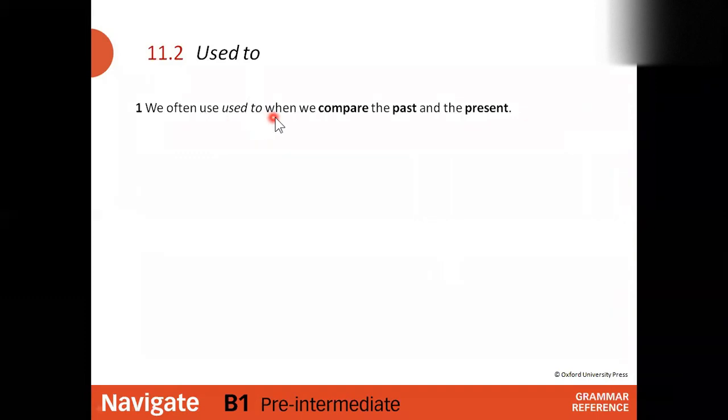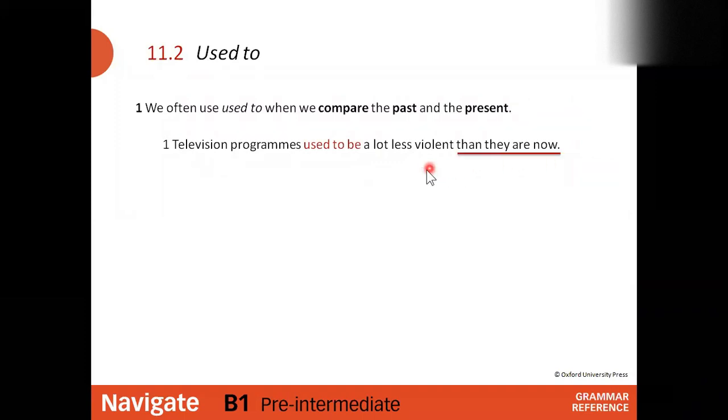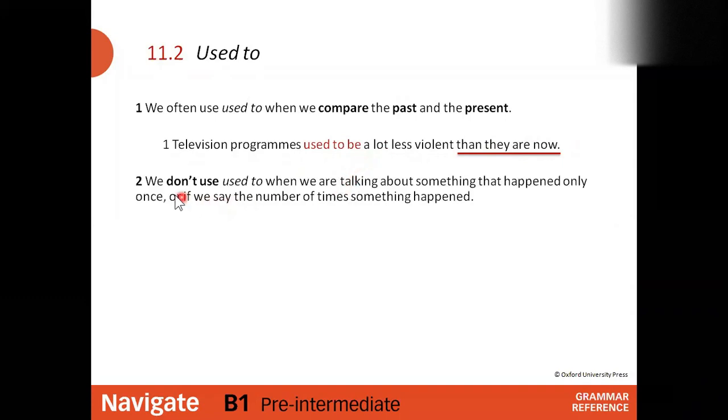We often use used to when we compare the past and the present. For example, television programs used to be a lot less violent than they are now. Here you can see that we are comparing now with the past. Next, we don't use used to when we are talking about something that happened only once, or if we say the number of times something happened.